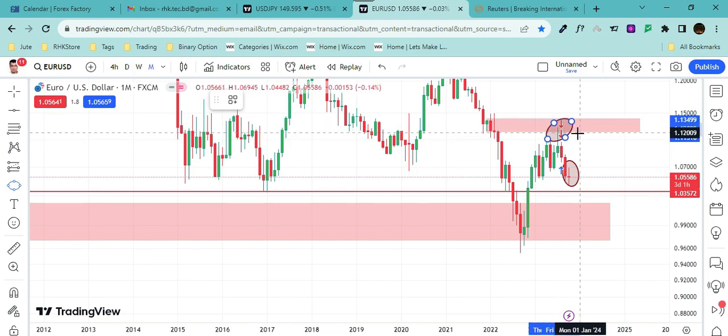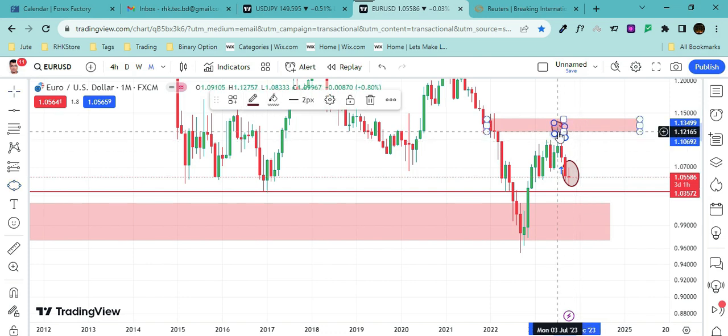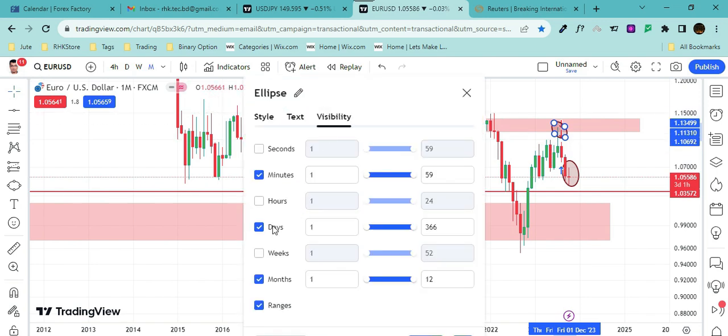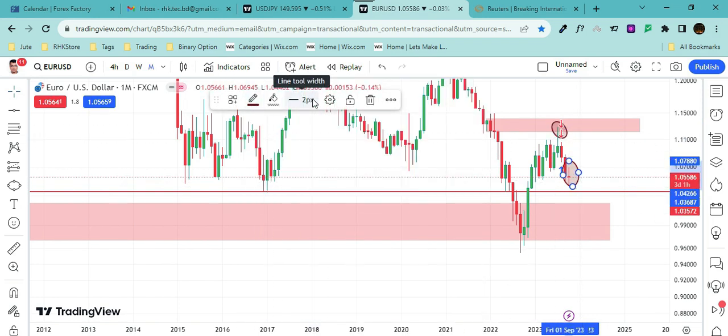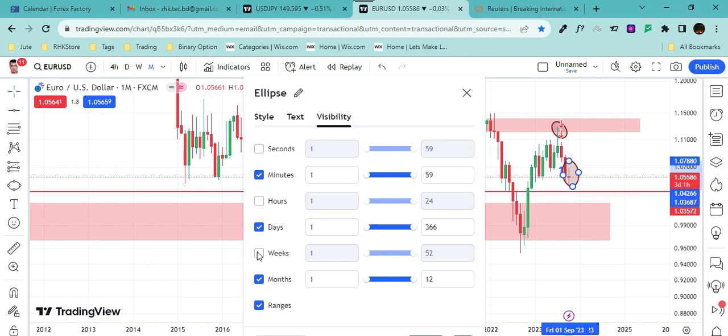Why has the price stopped here and taken a downward trend, and why has the price stopped here and taken a downward trend? We would like to investigate this, especially these two things.